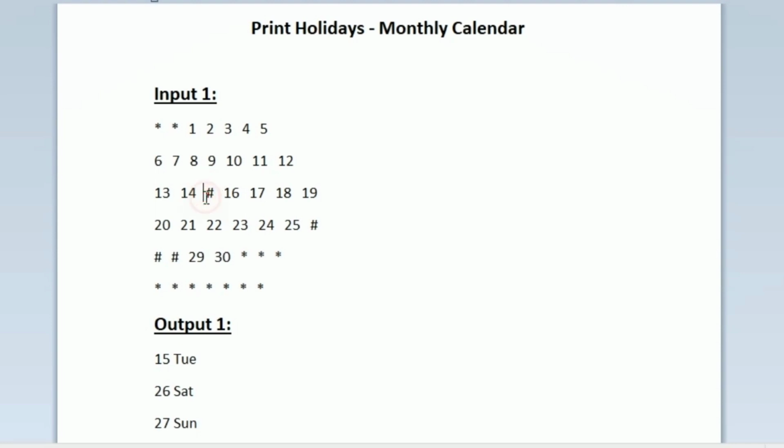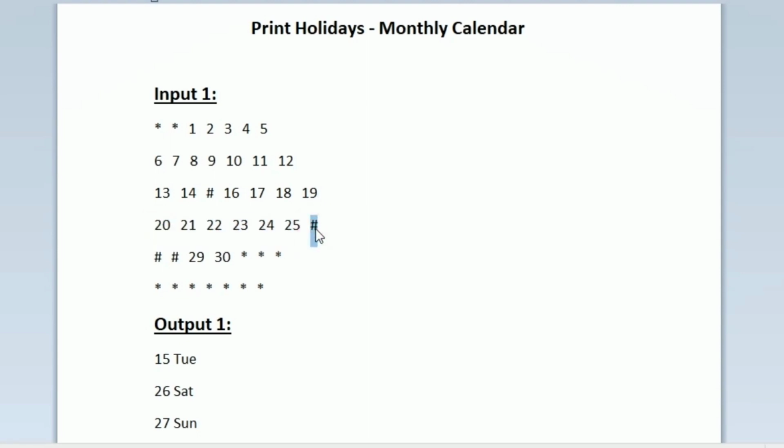So this 15 is a holiday, and it is given in the question that the day names are Sunday, Monday, Tuesday, and so on. So the third day is Tuesday, after Sunday and Monday. The first holiday occurs on the 15th and the day name is Tuesday. In our output we can see that first we print 15 and then Tuesday, and then we move to the next row.